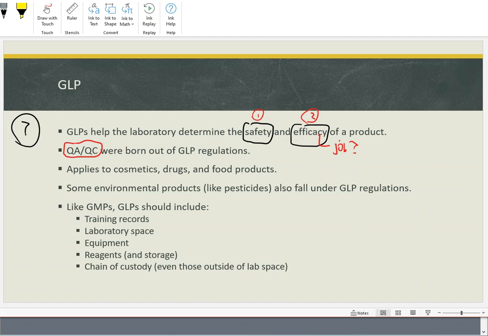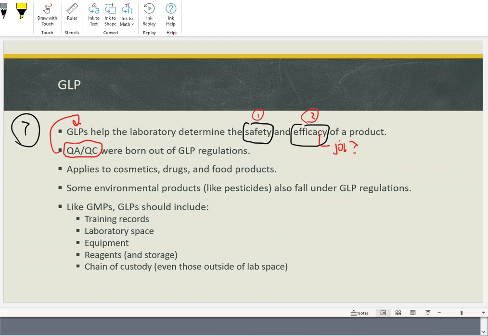And that's why we're taking this class. It's all about the assurance of those ingredients or that product and the control of what happens to those things while they're under our roof and either getting manufactured or getting tested by a laboratory worker.